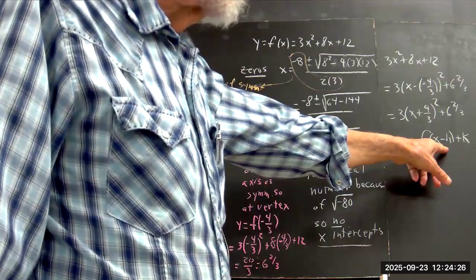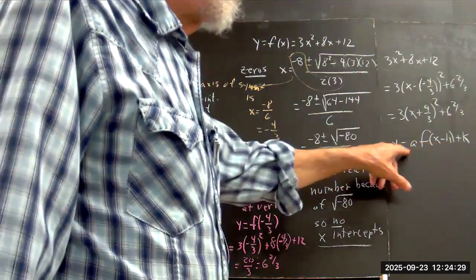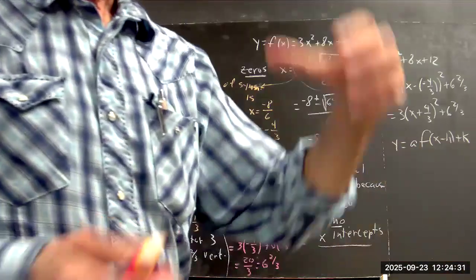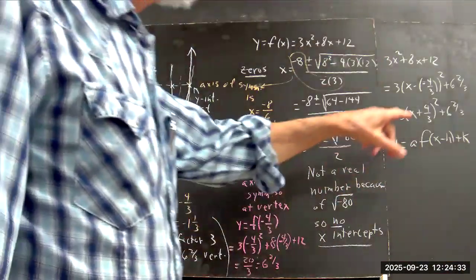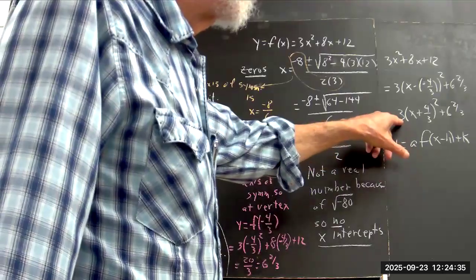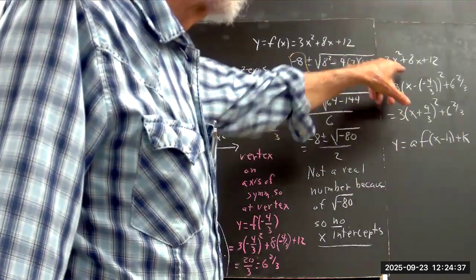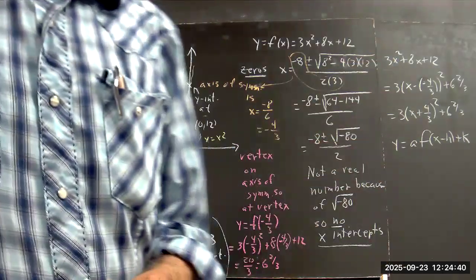H is your horizontal shift, k is your vertical shift, and a is your vertical stretch factor. A is 3, which is the same as a 3 in front of x squared.